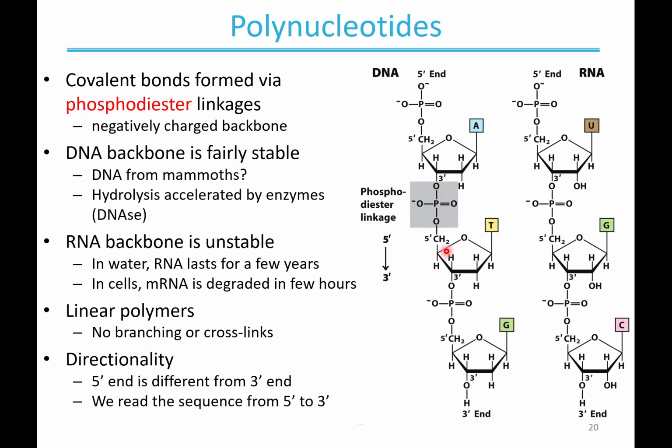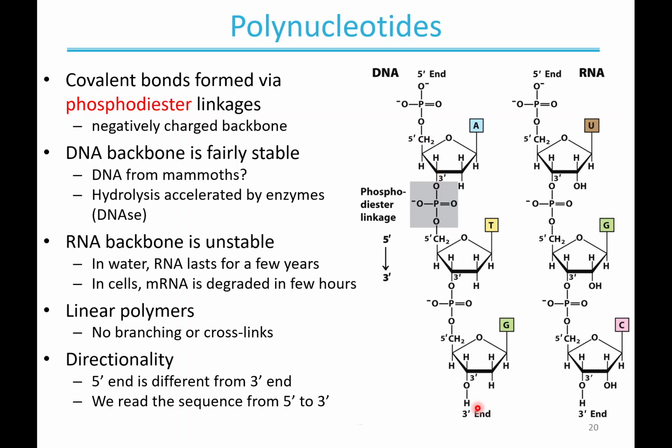A covalent bond is created between nucleotides by what's known as a phosphodiester linkage. So the phosphate group at the 5' position on one nucleotide will bond with the 3' carbon on an adjacent nucleotide.